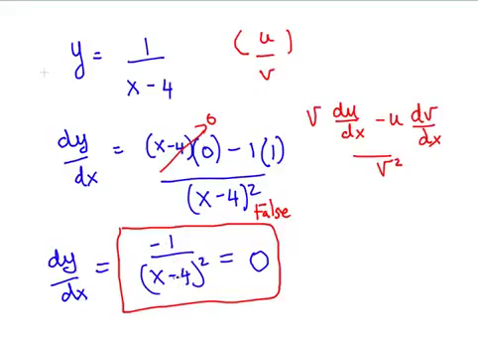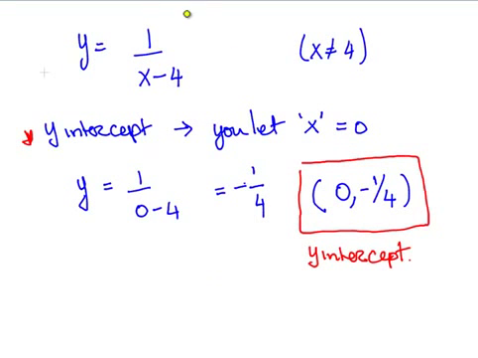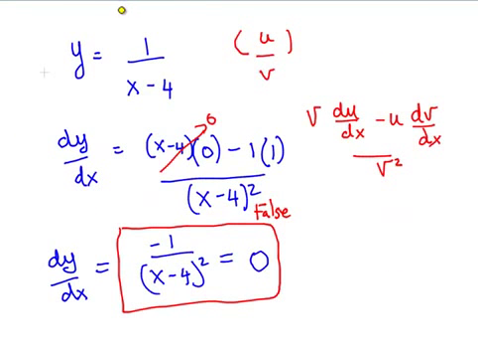Minus 1 divided by some number: x minus 4 squared is always going to be a positive number, so minus 1 divided by whatever squared is always going to be minus 1 divided by a positive number. Also, just remember I said earlier that x can't equal 4 in this particular case.